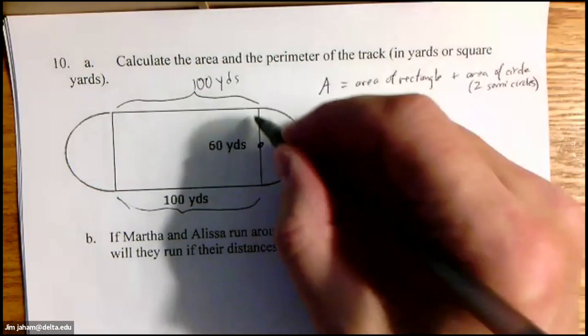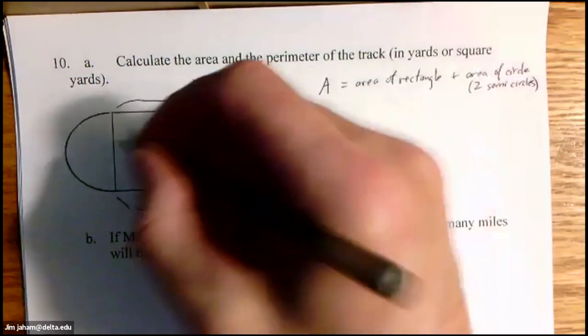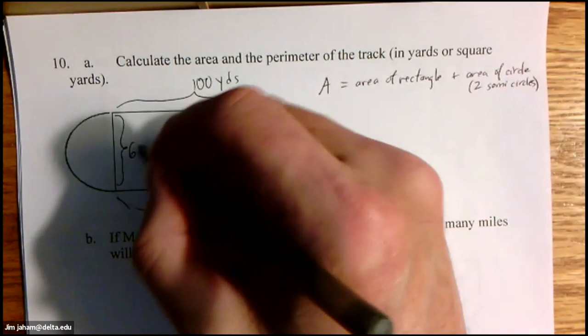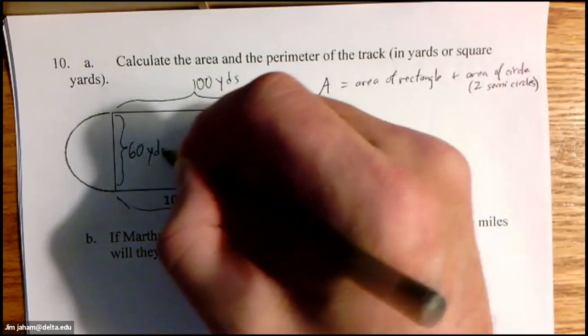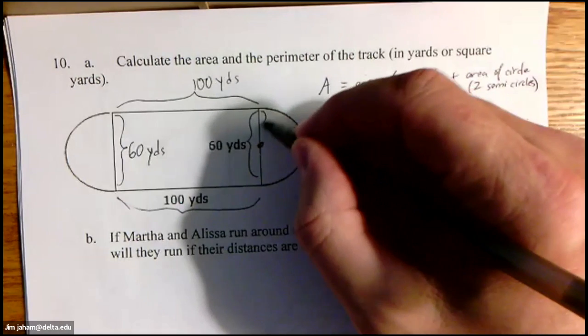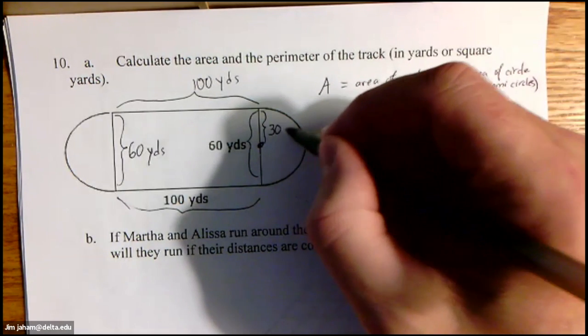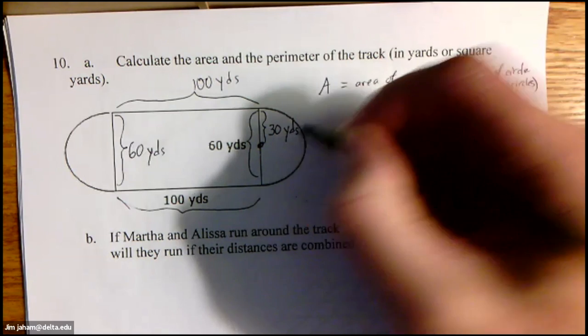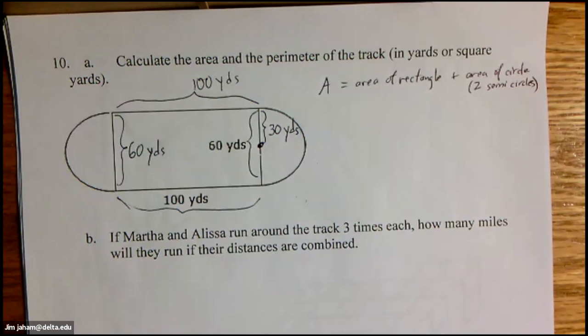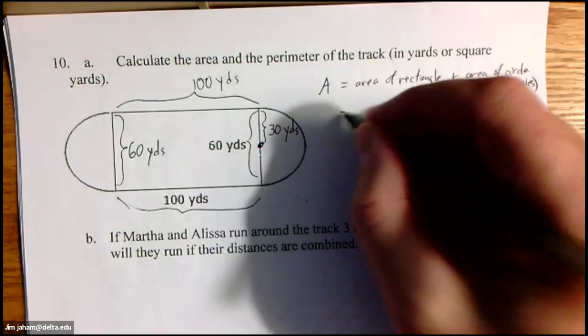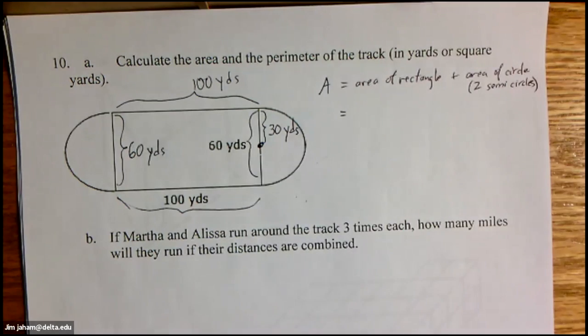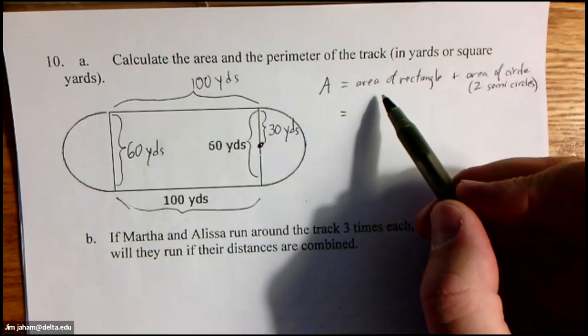But those semicircles have the same dimensions. Specifically, if this whole side is 60 and this whole side is also 60, then the radius of the circle we're after is half of that 60, or 30. All right.